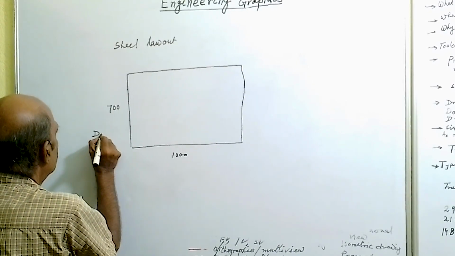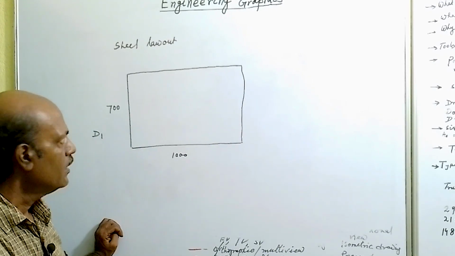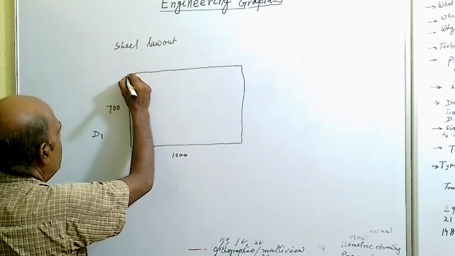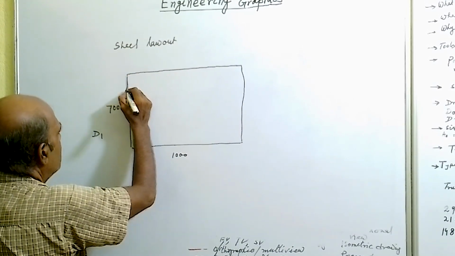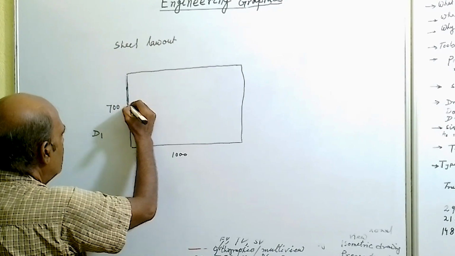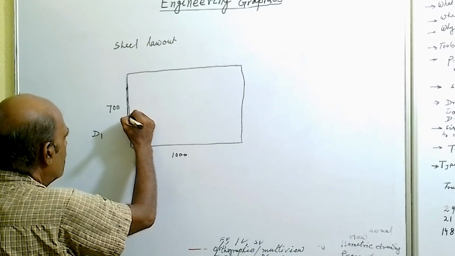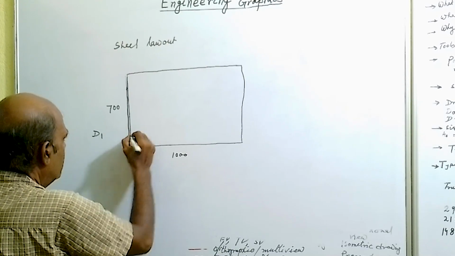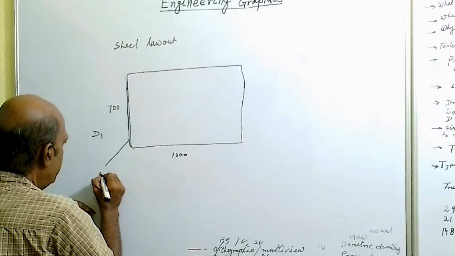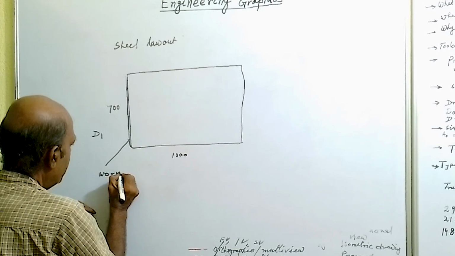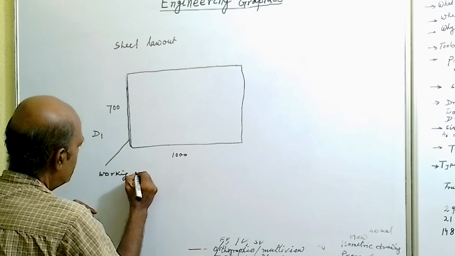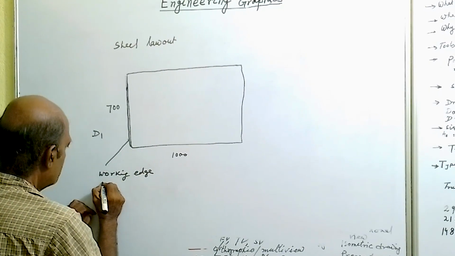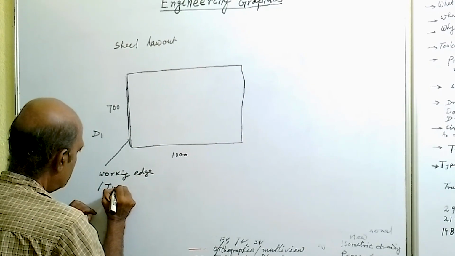Board size is D1. Now on this board you will find there is a working edge here. That is a hard wooden portion. It is made of hardwood. That is called the working edge, or it is also known as true edge.